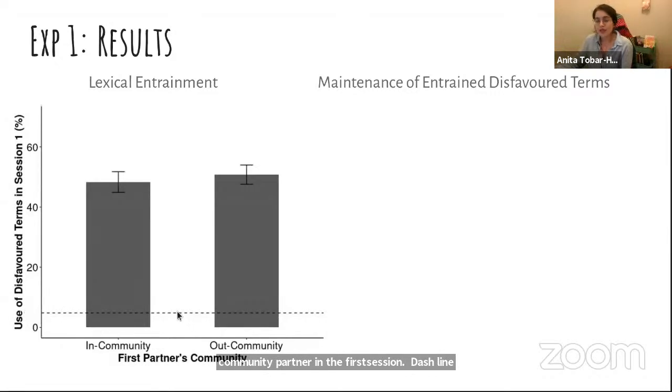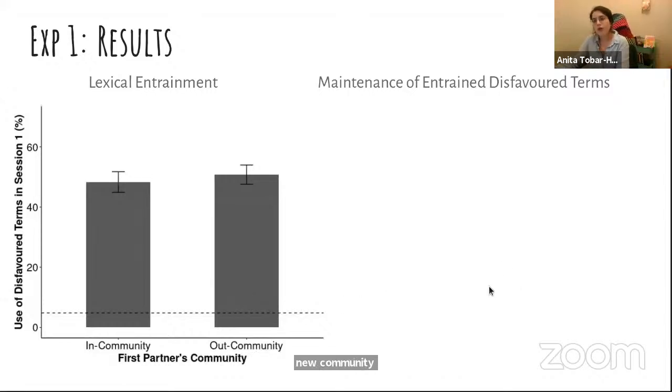As you can see, participants used these terms to a greater extent during the main task compared to the pre-test, suggesting there was a lexical entrainment effect. However, they entrained almost as often with an in-community partner as with an out-community partner, suggesting there was no effect of the first partner's community on participants' tendency to entrain.